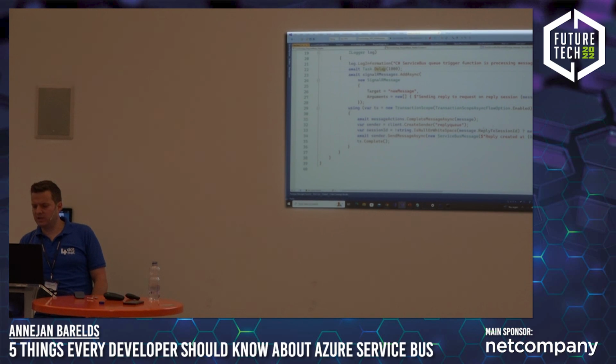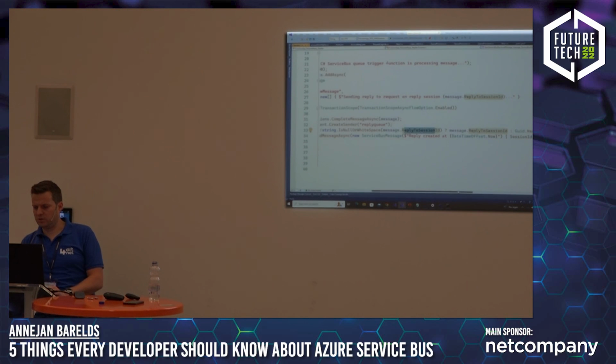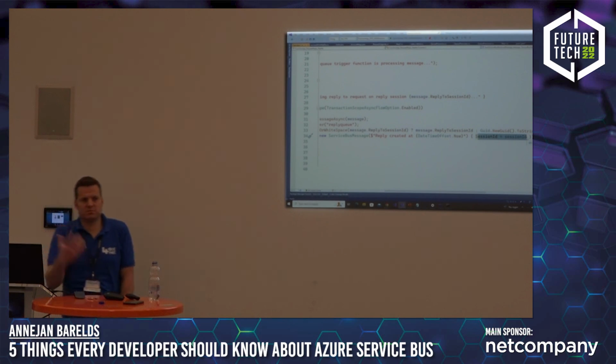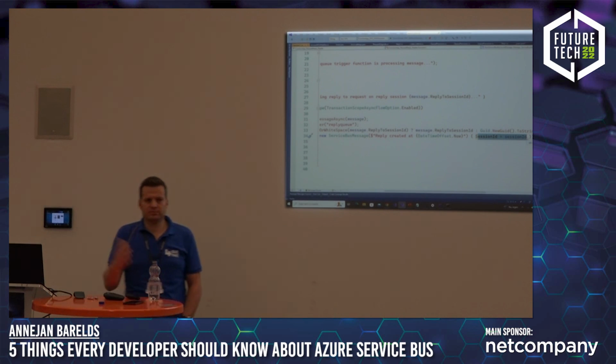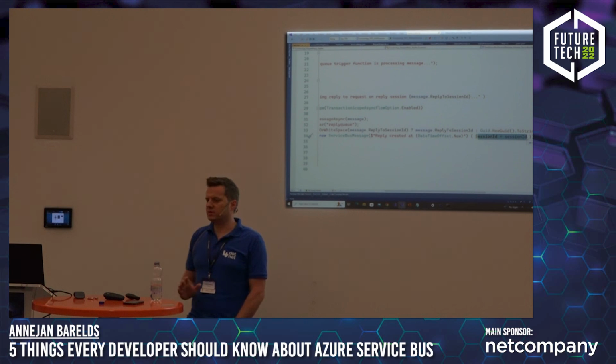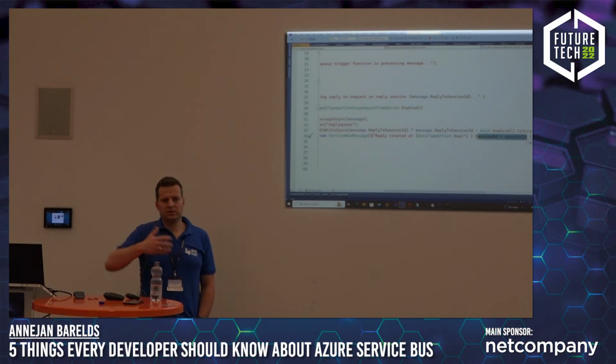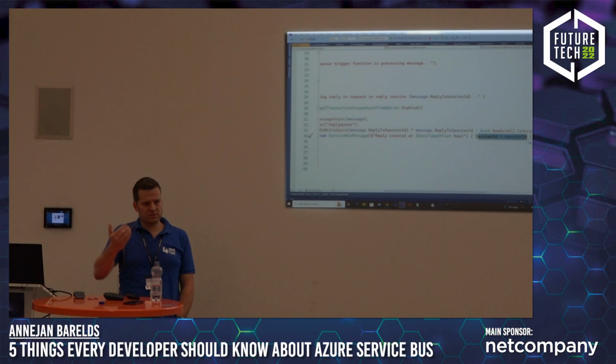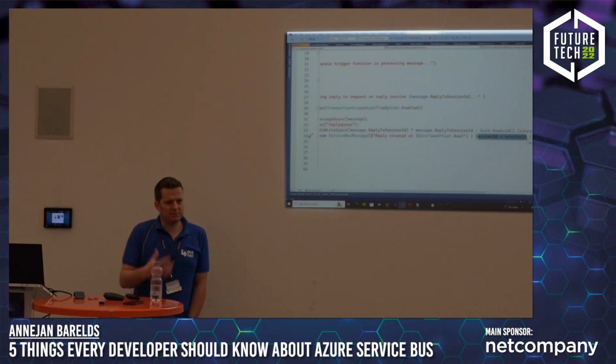It's just really taking that reply to session ID and using that as the session ID for the reply it's sending. So it's just pretty basic. So that's how you could do request replies. And as I said, there are more interesting scenarios than just the basic request response. It could also be REST, but yeah.